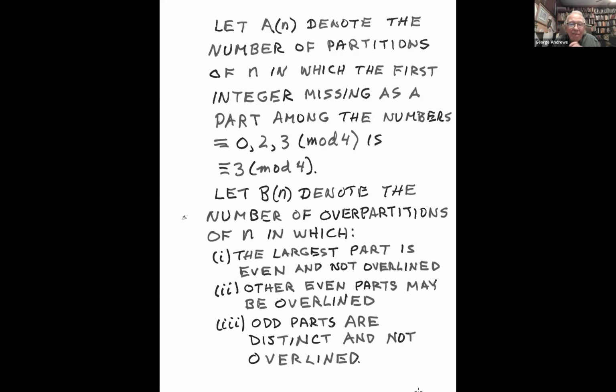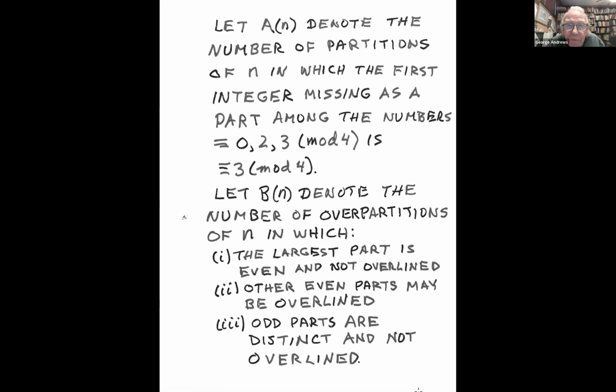On the other hand, we let B of n denote the number of overpartitions of n in which the largest part is even and not overlined. So the largest part is even and not overlined. The other even parts may be overlined, and the odd parts are distinct and not overlined.